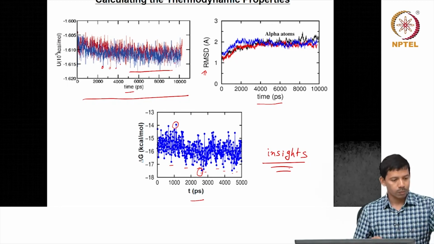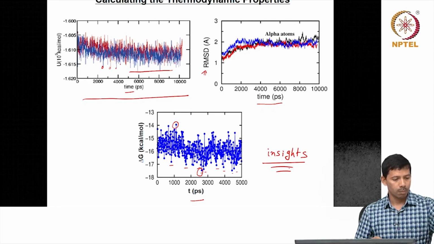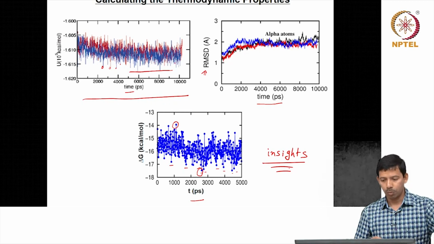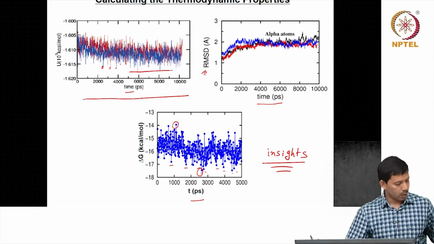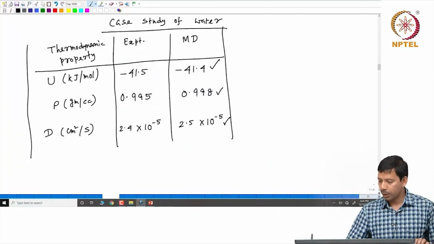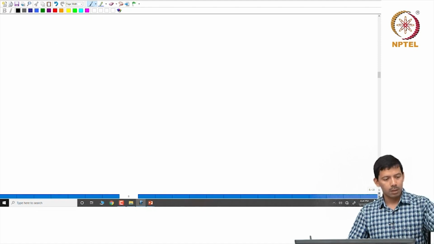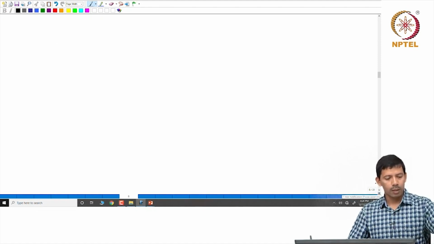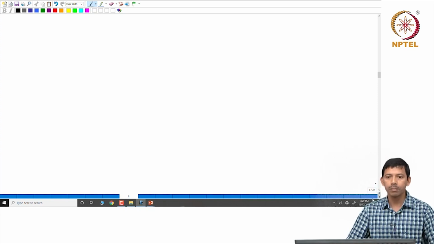So, I think that is it from the statistical thermodynamics part of this course. I just want to summarize. If I summarize, I would say that we started with the definition of statistical thermodynamics.